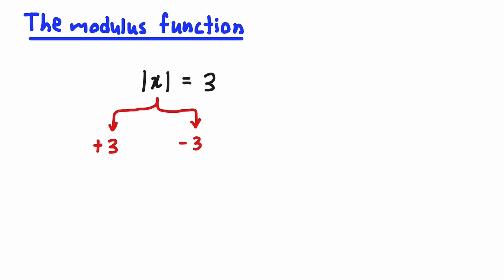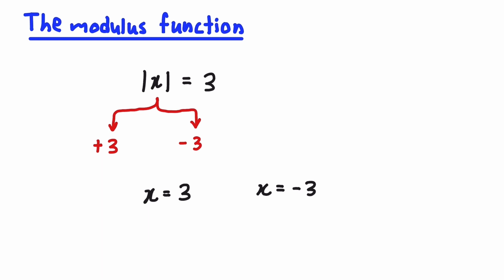So we could say that x equals 3 or x equals negative 3. Why did we do that? Because we have no idea whether x is a positive number or a negative number. So if we do the modulus function for x, it will give us 3 even if it was positive 3 or negative 3.